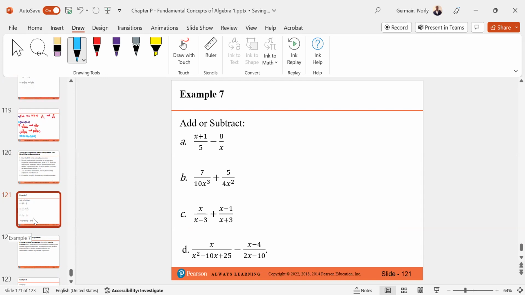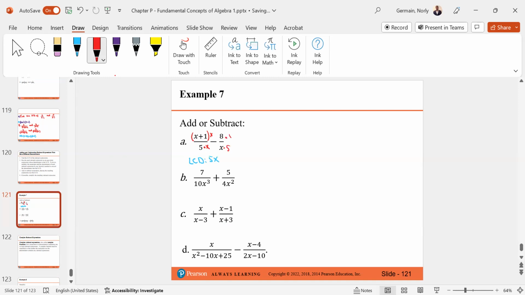Okay, note that each of these denominators has only one term. So for A, you have only one term. So if you have one term, just multiply the 2 terms at the bottom. So the least common denominator for A is simply 5x. Okay, so that means I need to multiply 5 by x. Whatever you do with the bottom, you must do also with the top. I need to multiply x by 5.